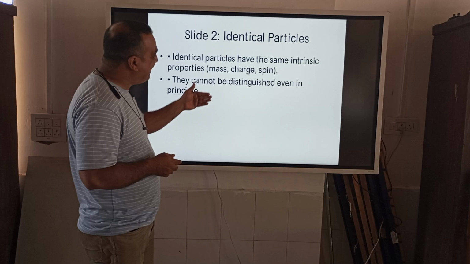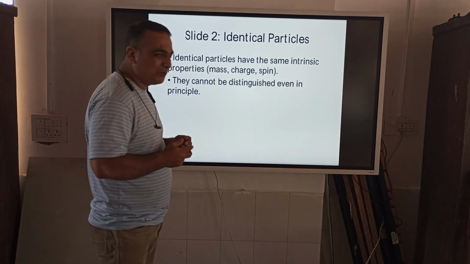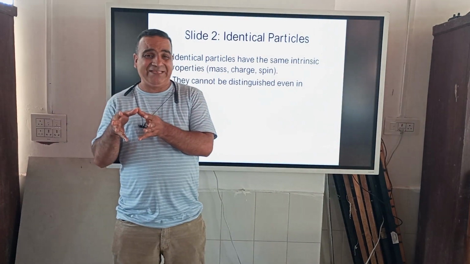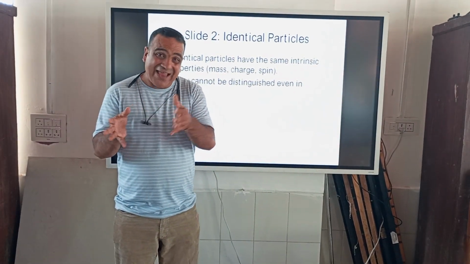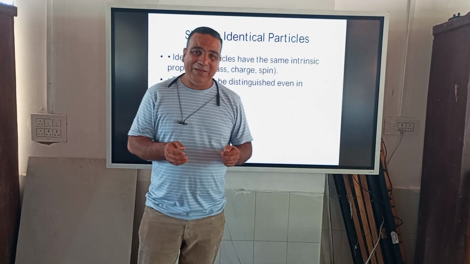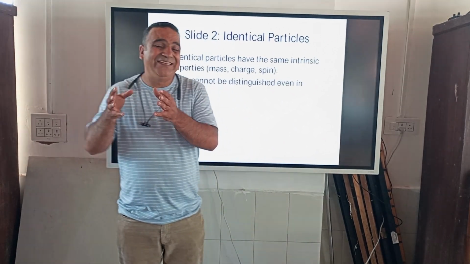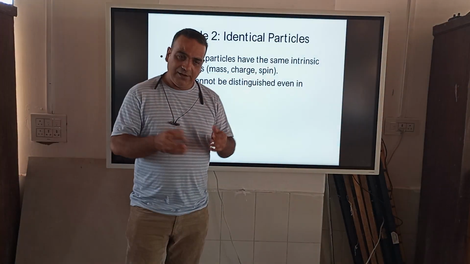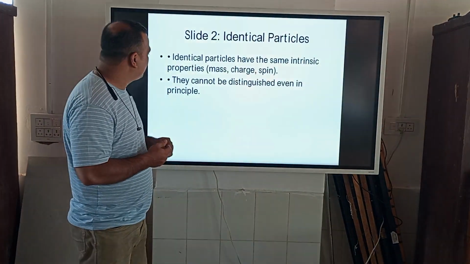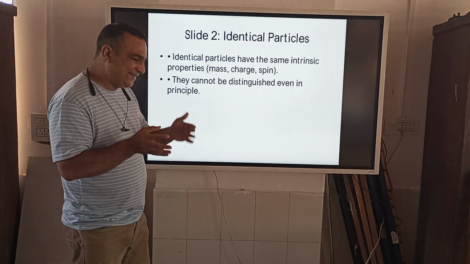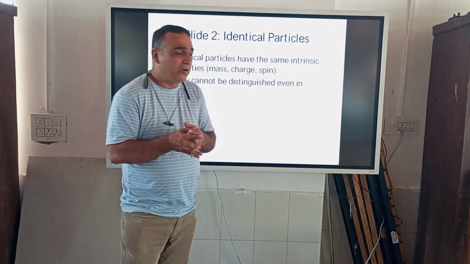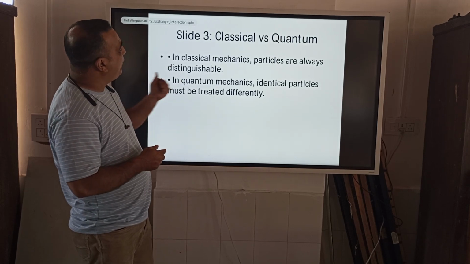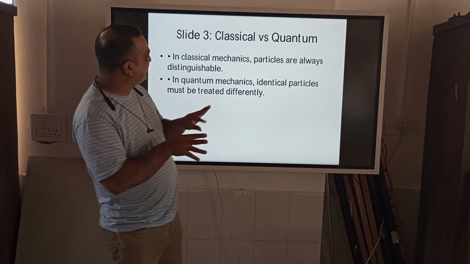So they cannot be distinguished in principle, which is basically contradictory to the classical world, where you can have identical particles, but at the same time you can distinguish the particles in the classical domain. We can have examples of distinguishability in the framework of classical physics, so we'll be talking about that. What we have here is classical versus quantum.